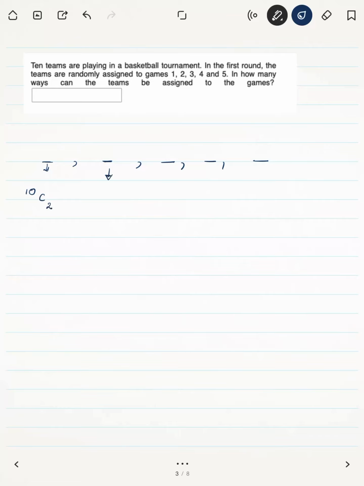For the second game, because I have chosen 2 already, I'm not going to include them this time, so I'm going to choose 2 out of 8. Then for the third game, I have 4 teams less, so I'm going to choose 2 out of 6. For the fourth game, I will have 6 teams less, so I'm going to choose 2 teams out of 4.